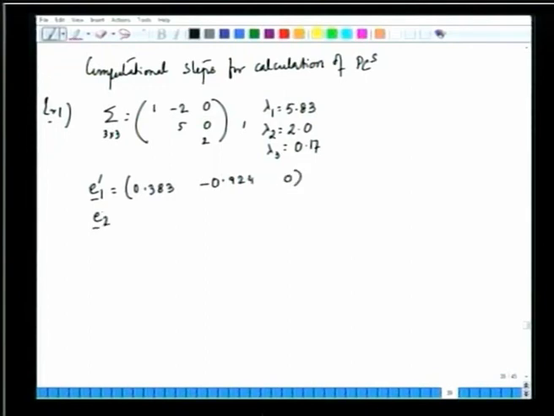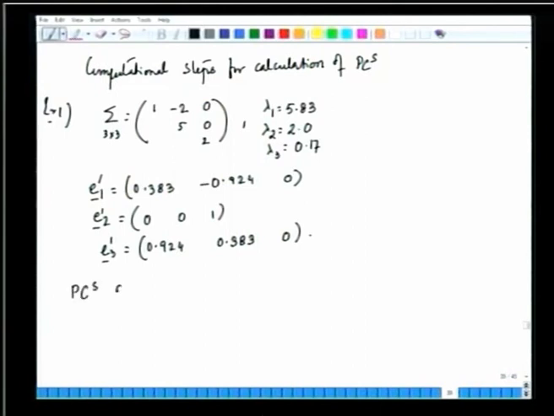The second orthonormal eigenvector, corresponding to the second highest eigenvalue, which is equal to 2, is E2 equal to 0, 0, 1, and E3 similarly is 0.924, 0.383 and 0.